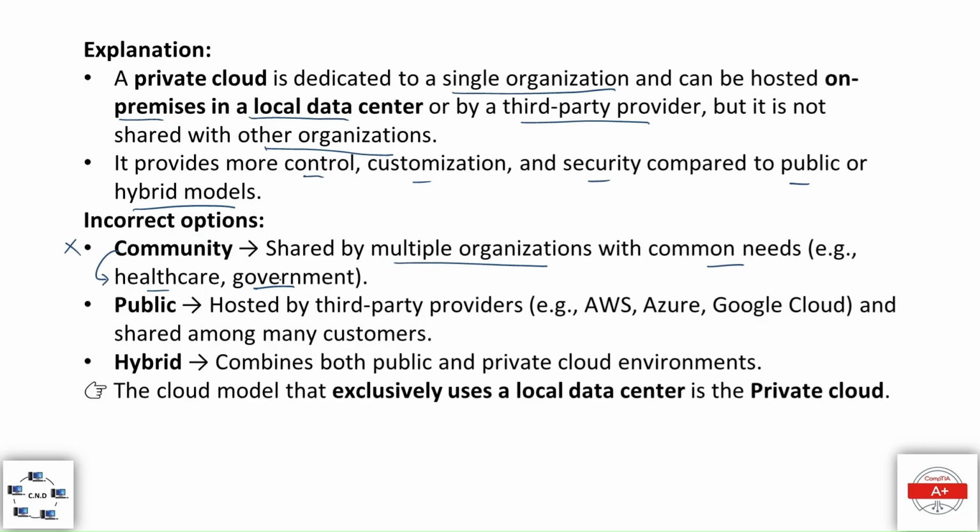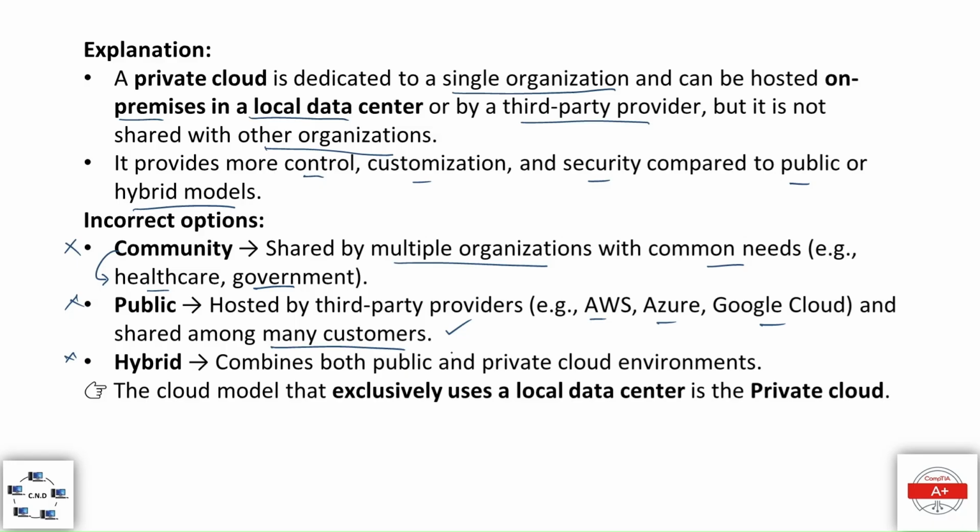Similarly, for government organizations. Public cloud is hosted by third-party providers such as AWS, Azure, Google Cloud, and is shared by many customers. So this is the cloud that is shared by thousands and millions of users and organizations. While the hybrid cloud combines both public and private cloud environments.